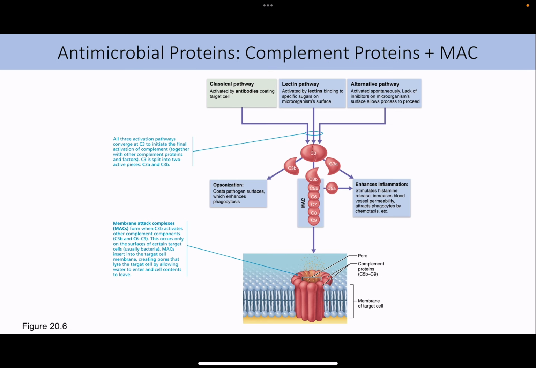All right, the next antimicrobial proteins are what are called complement proteins. This is a group of 20 proteins that work together.